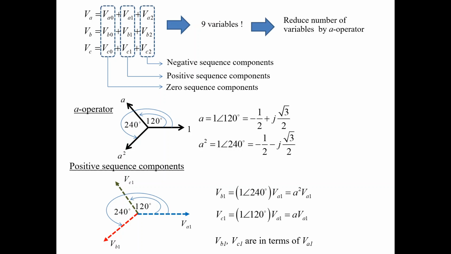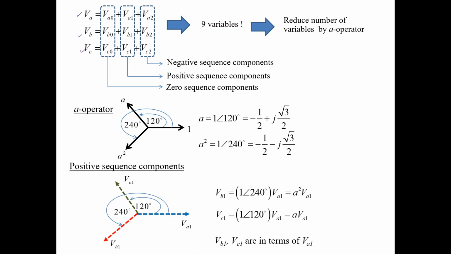Now, this is the question. In order to transform the unbalanced phasors VA, VB, and VC, we want to express this in terms of VA0, VA1, and VA2; similarly VB0, VB1, and VB2; and for VC, we want to express it in zero, positive, and negative sequence. So the question now is, what are those three components for each of the three voltages?